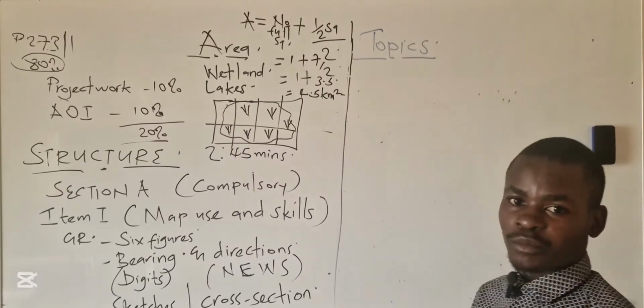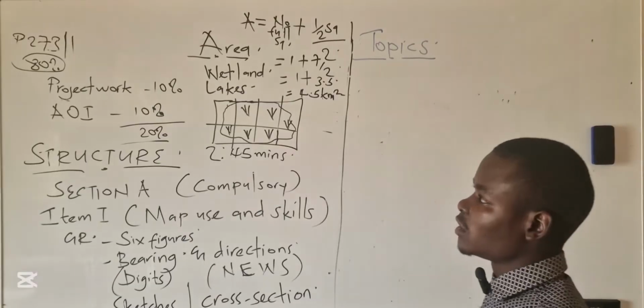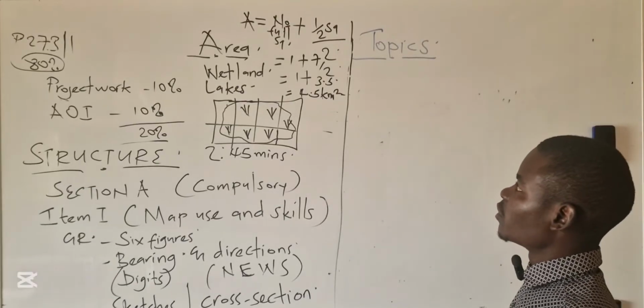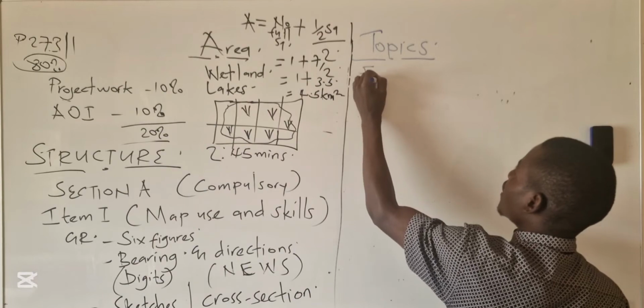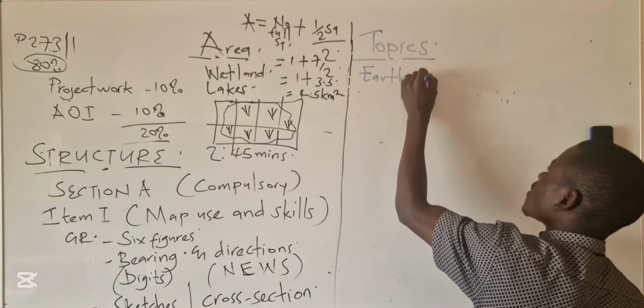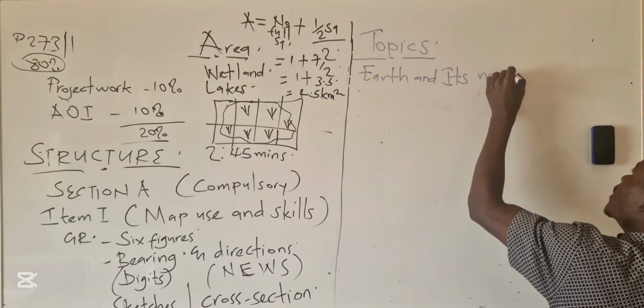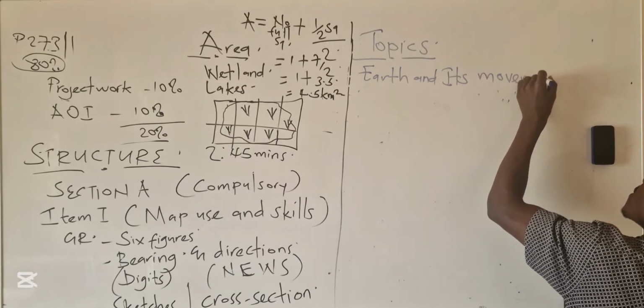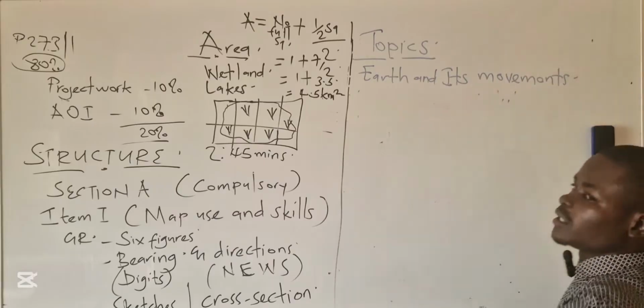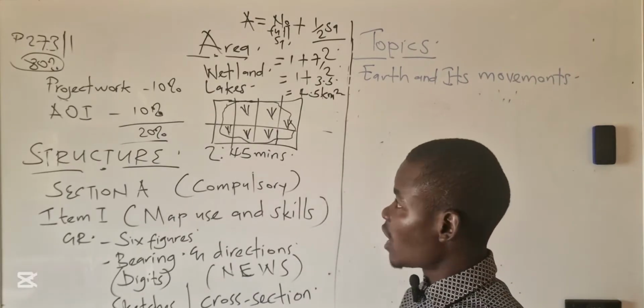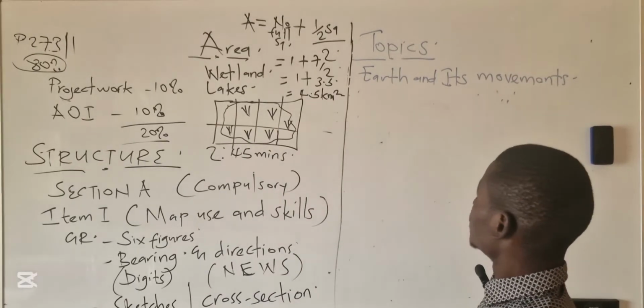One of the important topics where map work items are always got from is the earth and its movements. It is an important topic. It is in book 1.